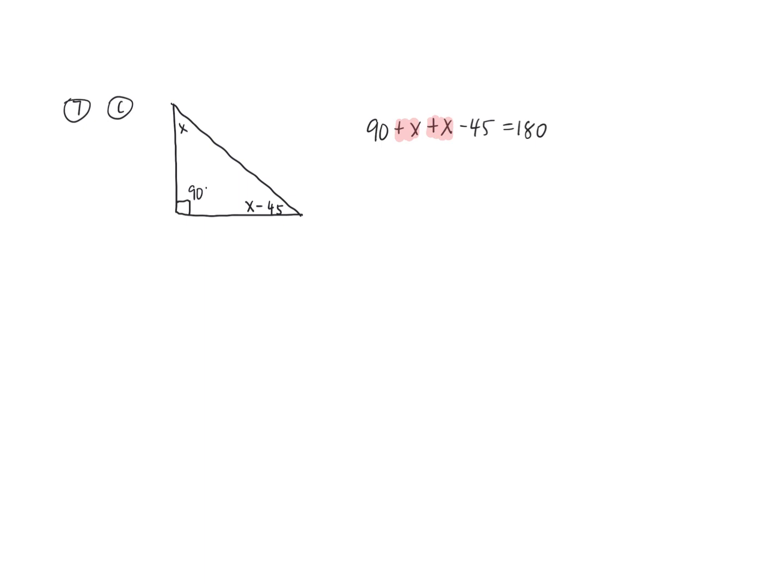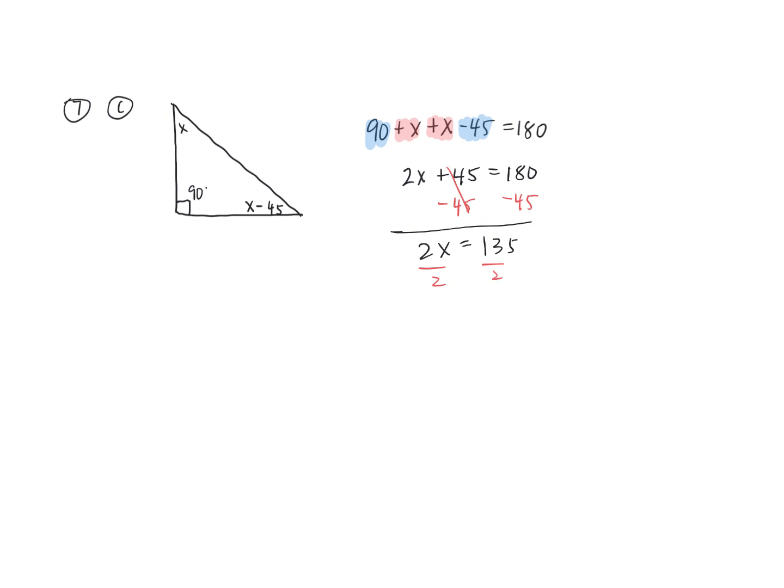So x plus x gives us 2x. And then 90 minus 45 would give us plus 45, and that would be equal to 180. To finish solving, we would subtract 45 from both sides, and we would get 2x equals 135.